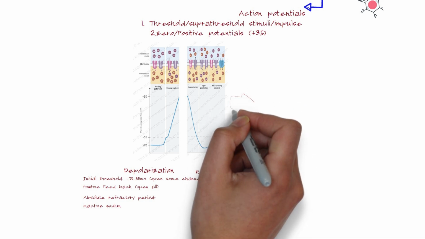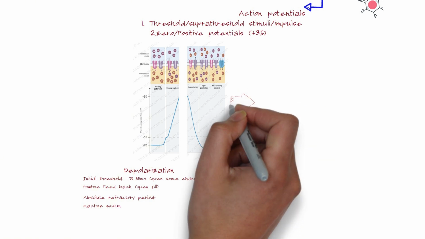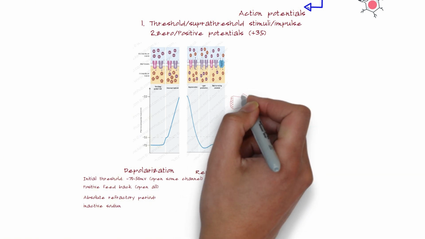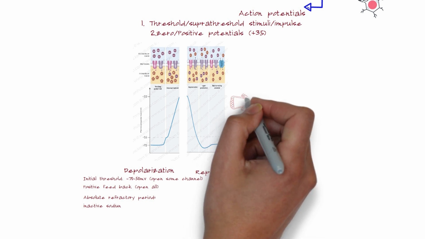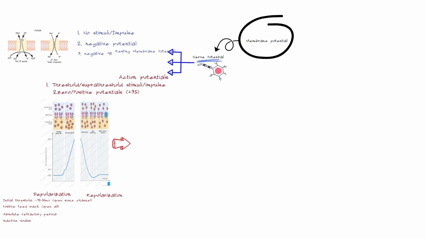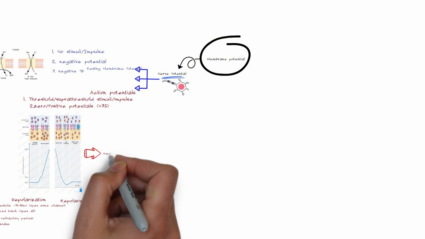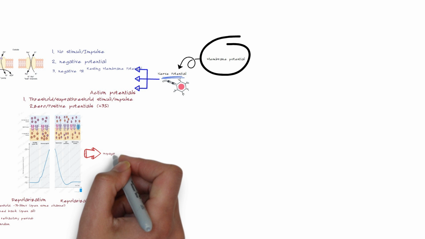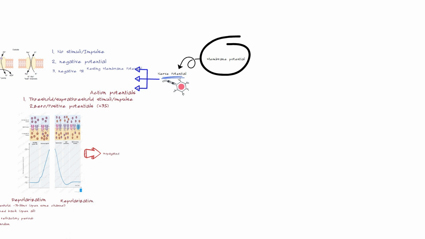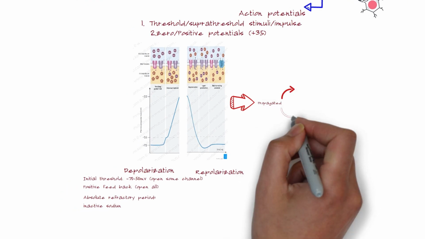But we have two types of propagation: local circuit in unmyelinated fibers, and this propagation is slow and continuous, while saltatory conduction occurs in myelinated fibers, it's faster, and the impulse jumps from one node of Ranvier to another node of Ranvier.